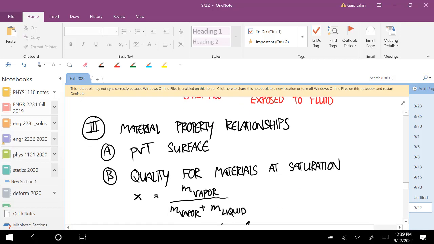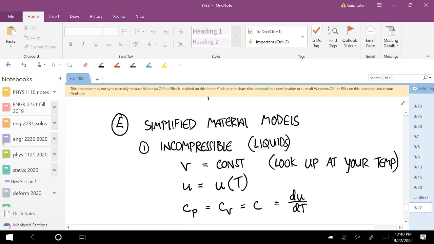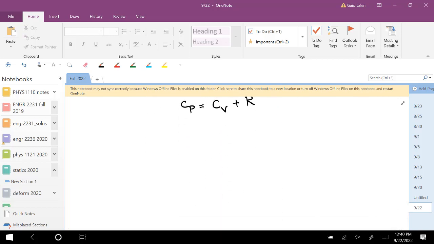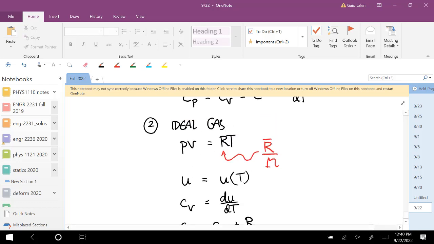Okay, so that's the end of the material property relationships. So we had the introduction. We talked about the first law of thermodynamics. Talked about these property relationships. Oh, and actually, that's not the end, because no, that's not even close to the end. Sorry.